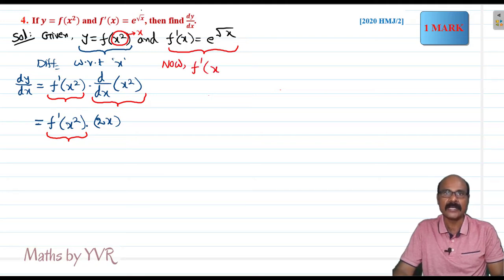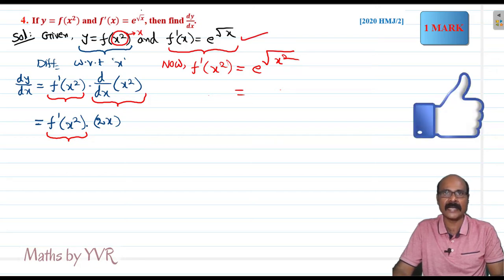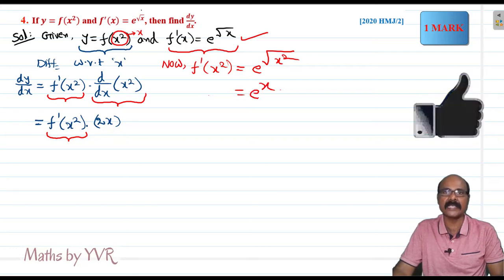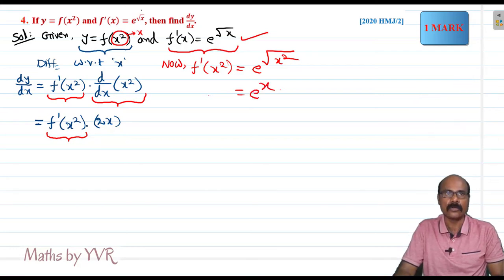So check here, f dash of x square is equal to e power root x square. That means in this function, if we substitute x is equal to x square, then we will get f dash of x square. Then e power square root get cancelled, it is e power x. Now what is the value of f dash of x square? F dash of x square is e power x into 2x. So what is the final answer?